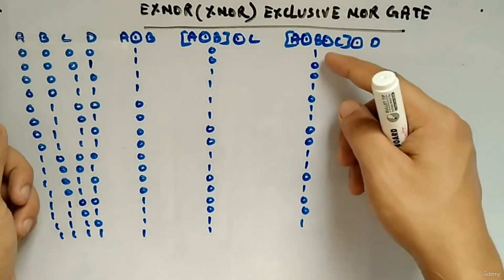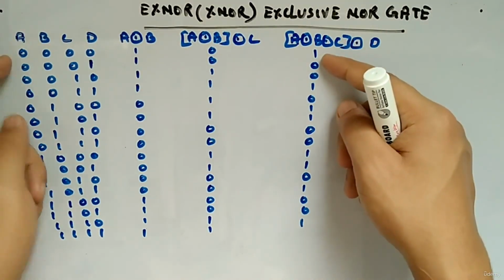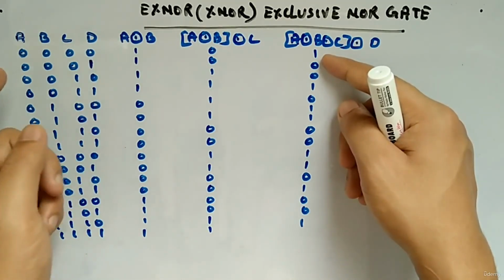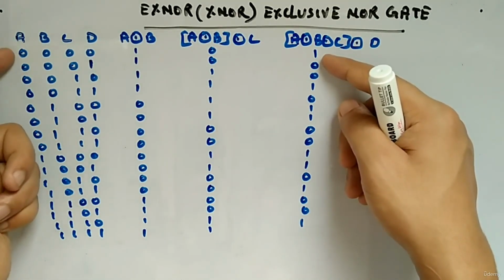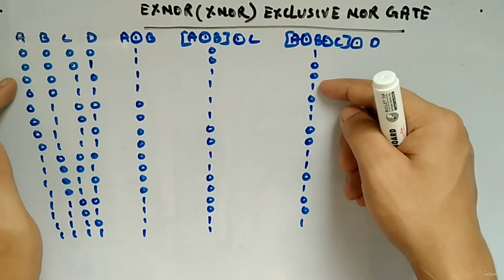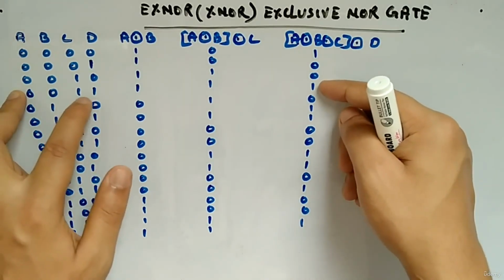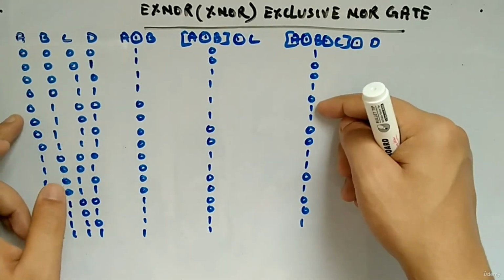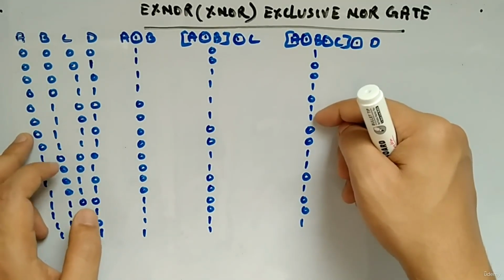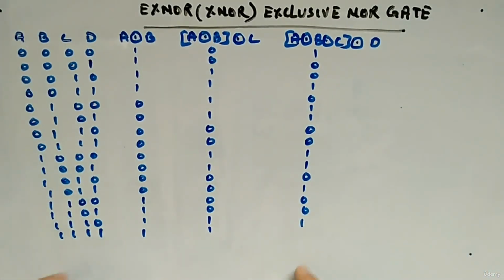In the first one the output is 1 because there is no 1 in A, B, C, D, so 0 ones, that is also even. Then the fourth one, 0, 0, 1, 1, has an even number of ones. The sixth one has an even number of ones. The seventh also has an even number of ones, likewise you can go.